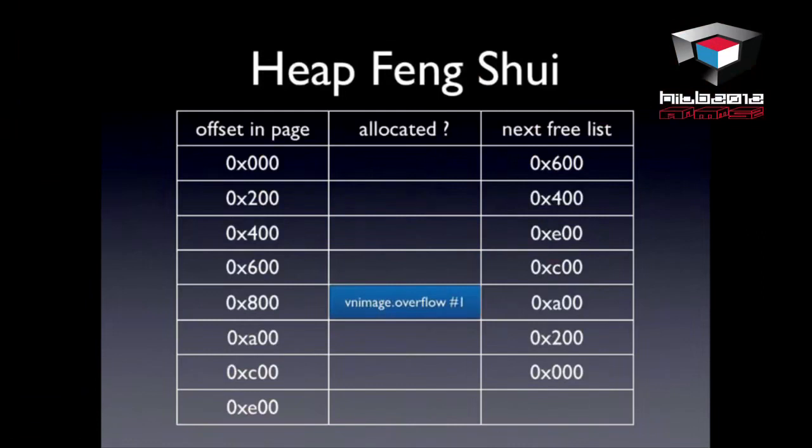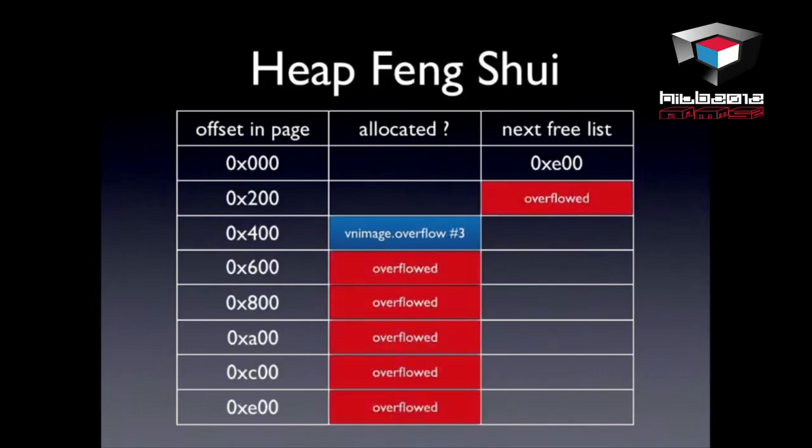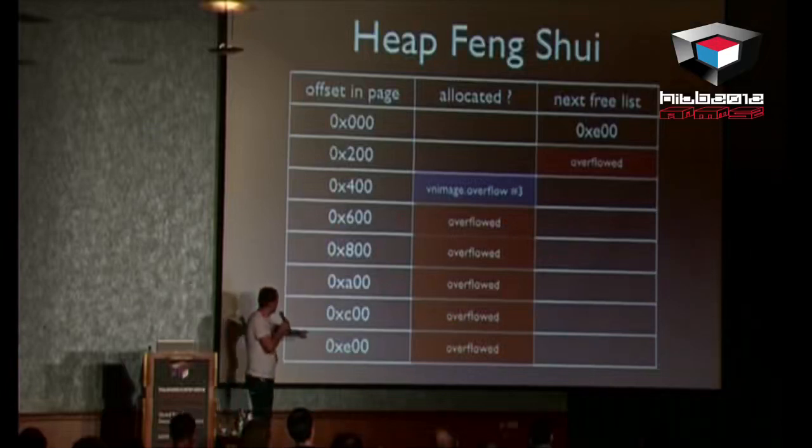We mount the overflow image: 1 block, 2 blocks, 3 blocks. Then the overflow happens, and it overflows 5 blocks. And what is really interesting is that it overflows this last one, which is the next free element of the list.